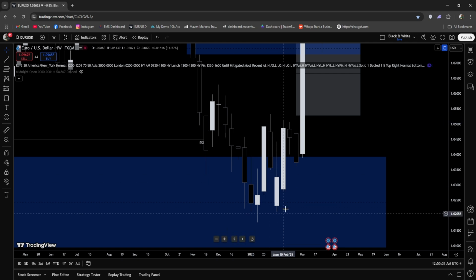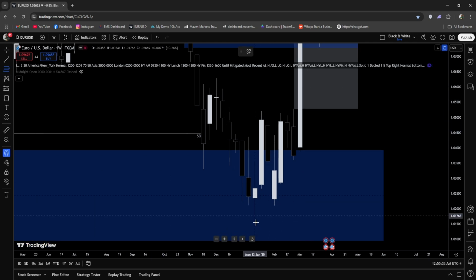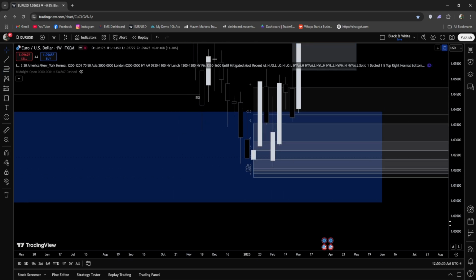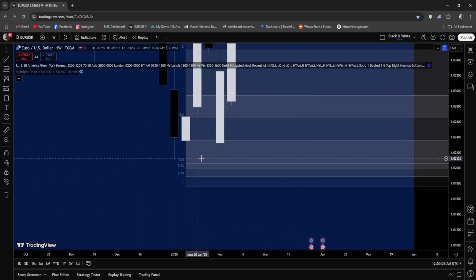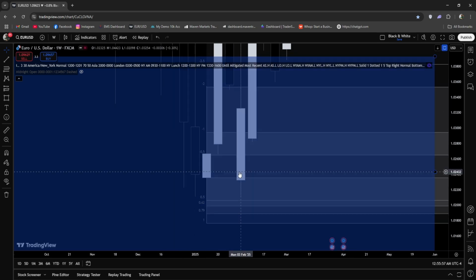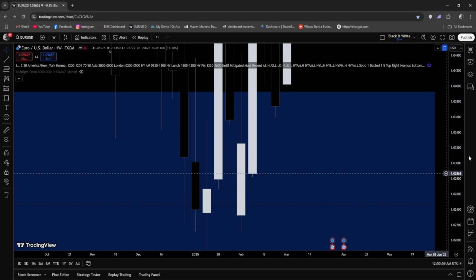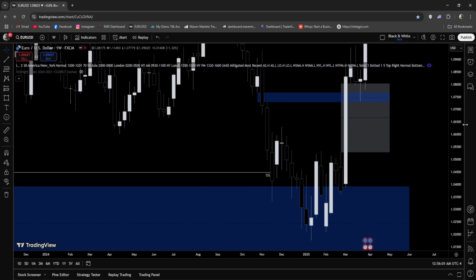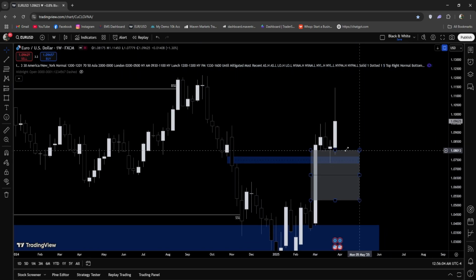We come down, and what do we see here? We respect the consequent encroachment of this wick, right? What does it show us? It shows us that the market is willing to go higher now, and this is how you improve your confidence in your bias, right? So, deleting it, we go up, and we are over here now.